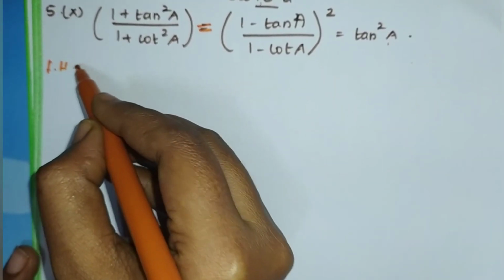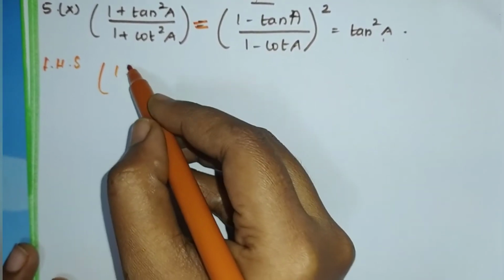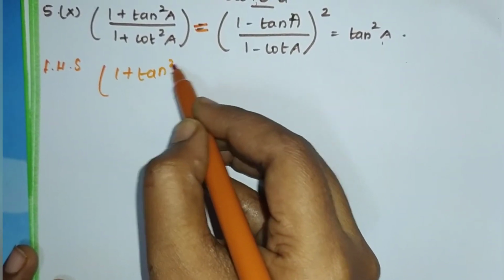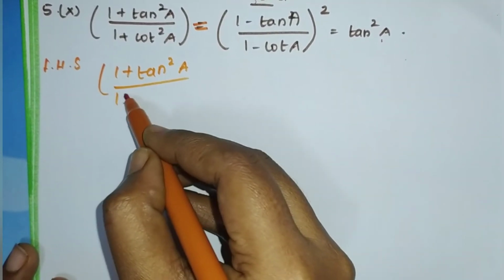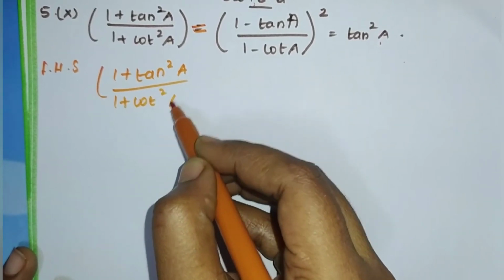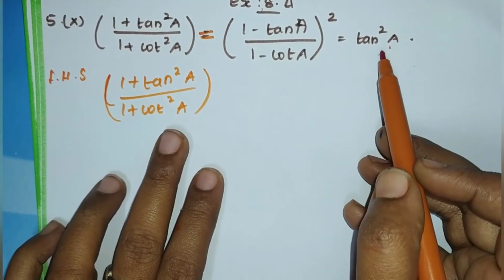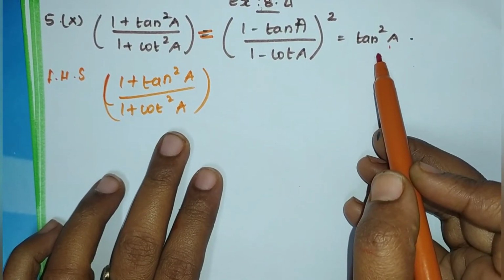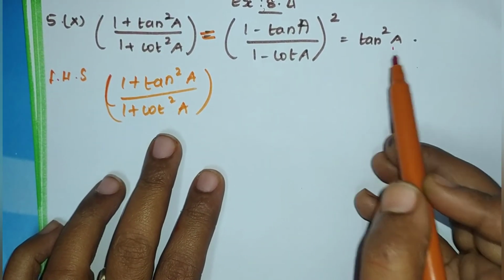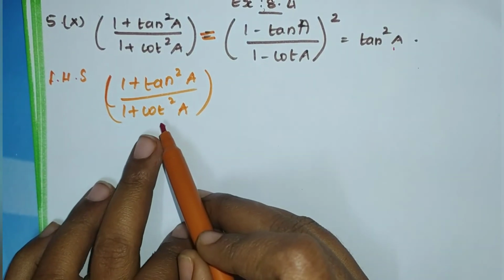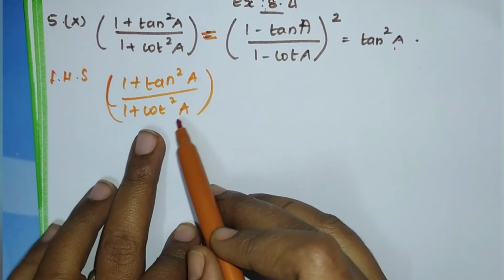First LHS: 1 plus tan square A divided by 1 plus cot square A. Clear? So in terms of tan only, I'm going to change the cot alone. Clear?